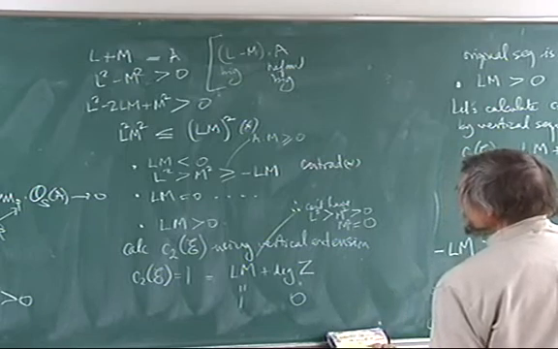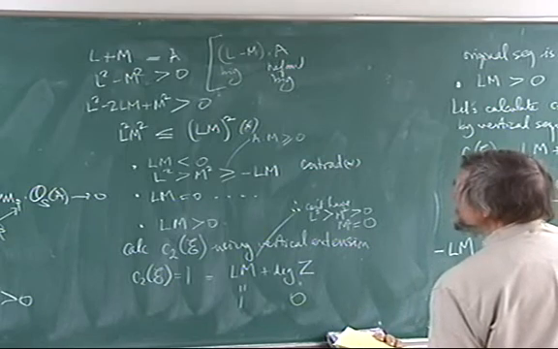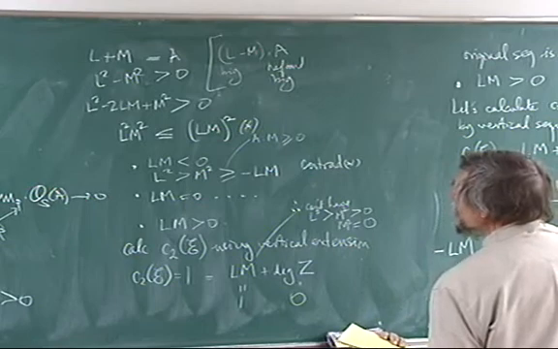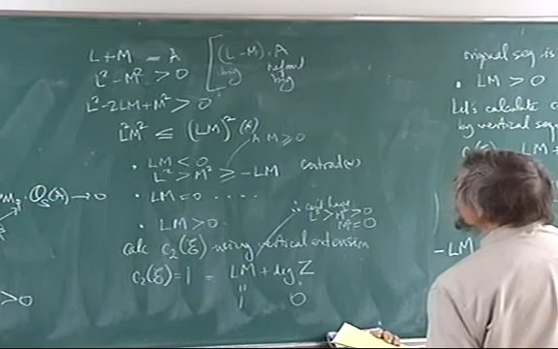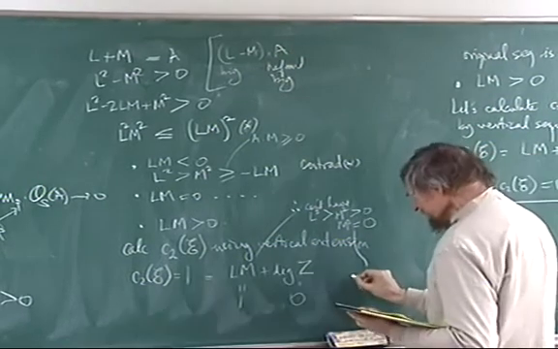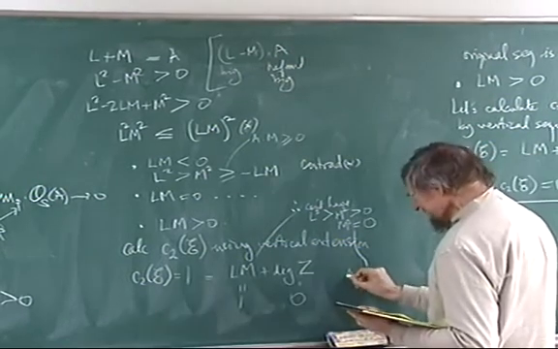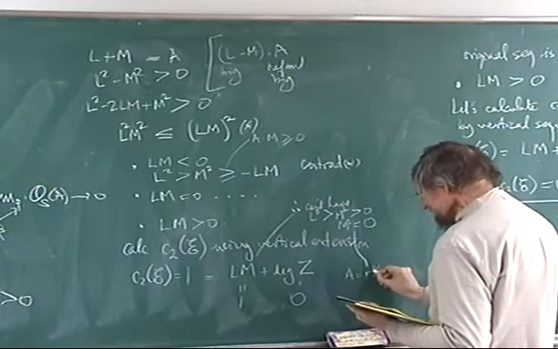So what happens if M squared is 0? Remember, I also make the assumption that A is equal to r K_X.